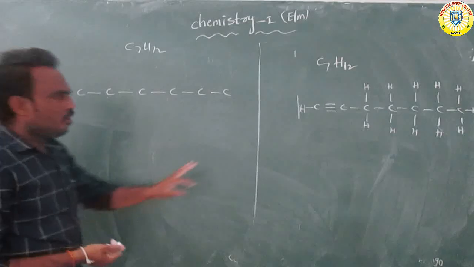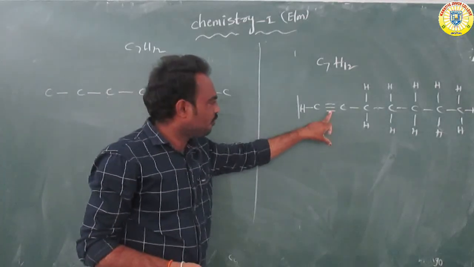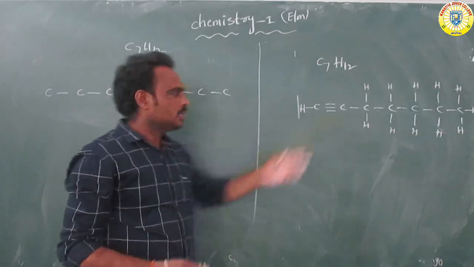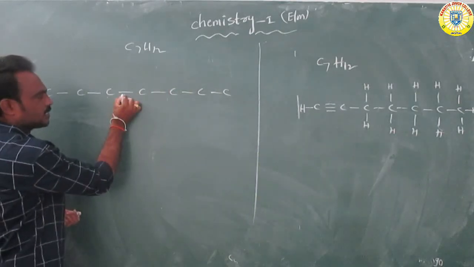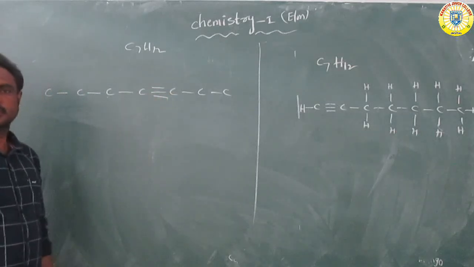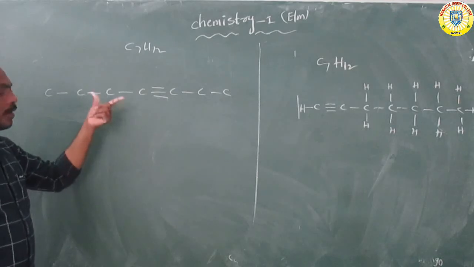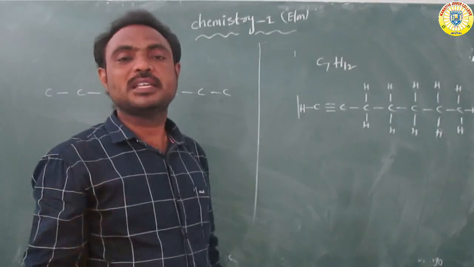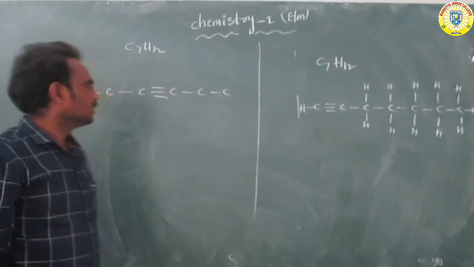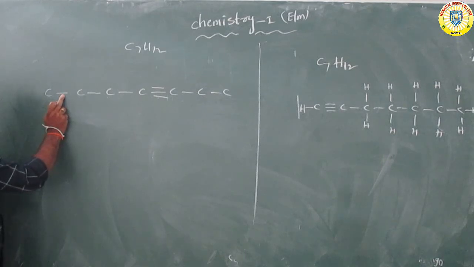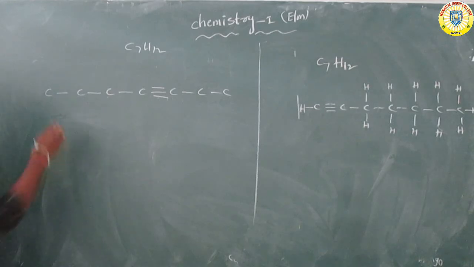In this structure, we write the triple bond at the first place, or the middle place, this place or this place. Okay, we write this place. Now we arrange the hydrogens. Each carbon must contain 4 bonds. This carbon contains a single bond, so we require 3 more bonds.